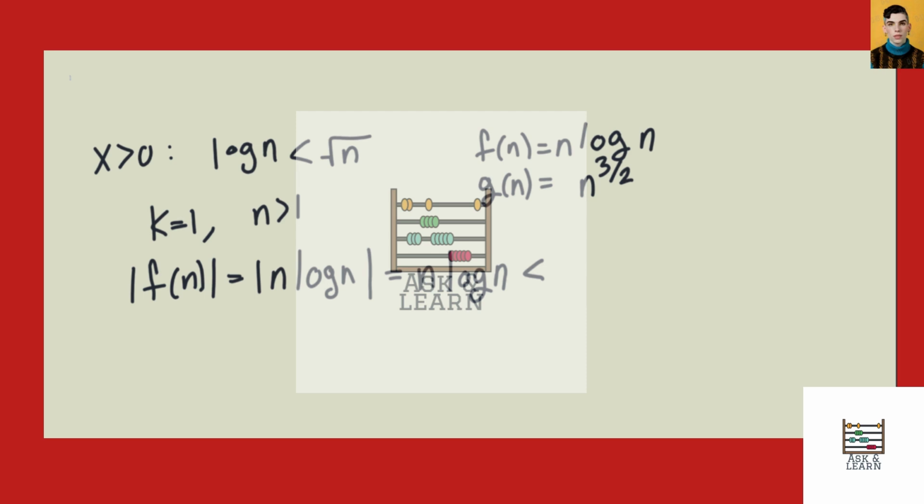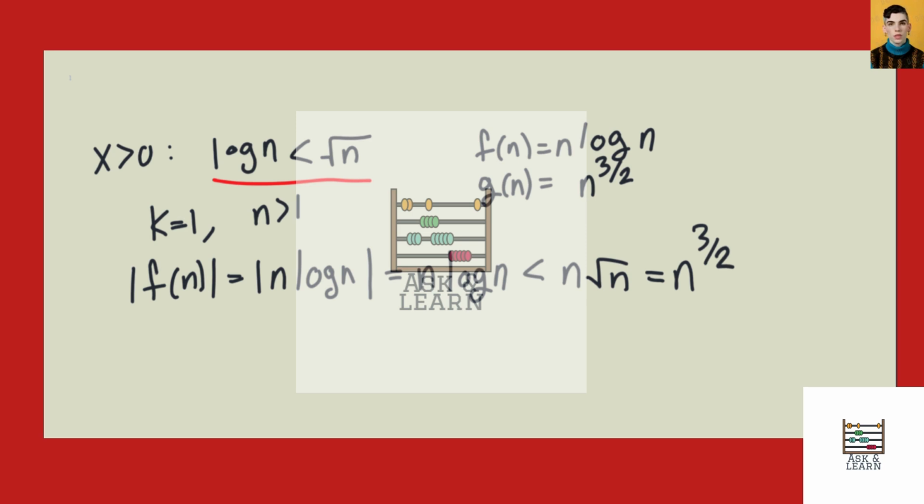Is going to be less than n times the square root of n. And so I got that from this property that I stated at the beginning of the video, that log of n is less than or equal to square root n. Okay, but n times the square root of n is precisely equal to n to the 3/2, right?